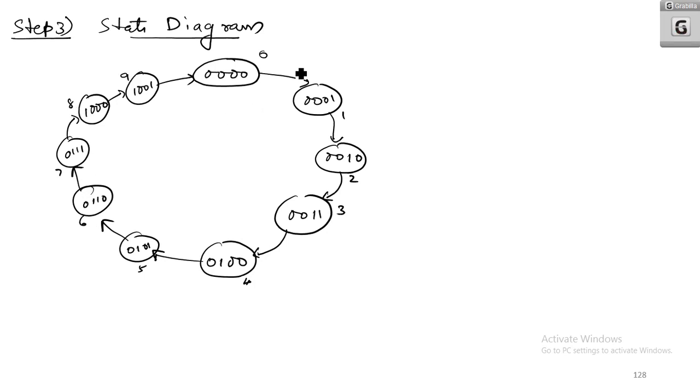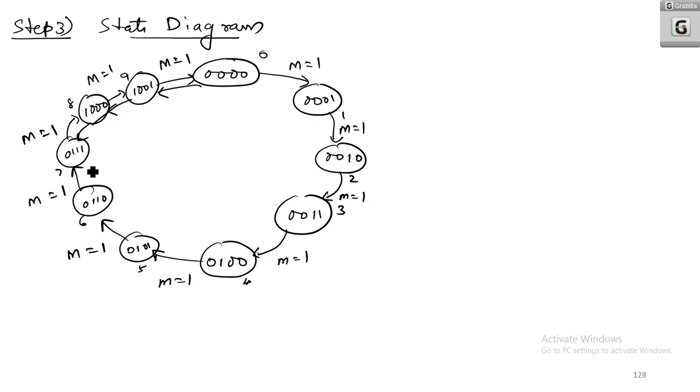So this is a case when m is equal to 1. Here m is equal to 1 in all these transitions. When m is equal to 1, it will go for up count. Now if it is down count, what happens? It will go like this. So this is basically a down count. It is down counting, m is becoming 0.